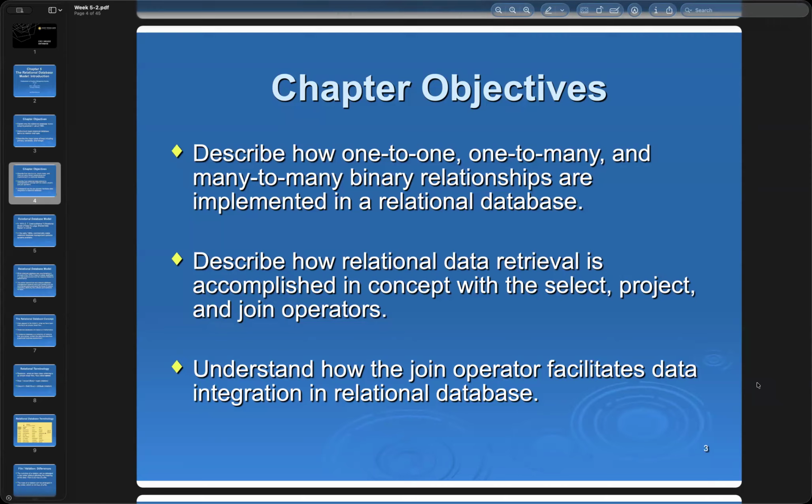We will extend a little bit more, and also understand how the join operator facilitates data integration in a relational database.